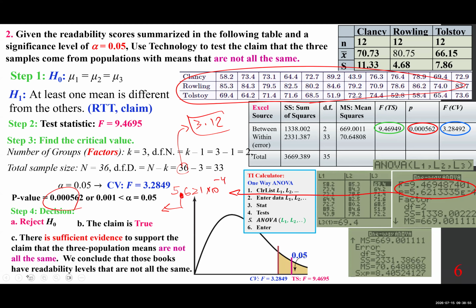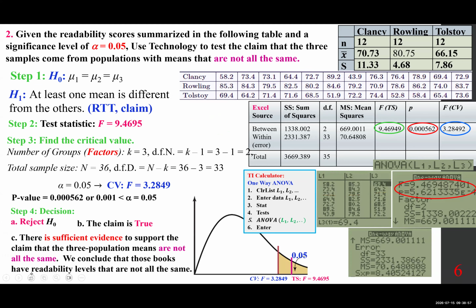Having said that, let me erase my work and continue with the thought. So we have the F, we have the p-value. What else do we have? So these are the two values. Look at this one. Degrees of freedom, 2 over here. SS is this number, of course, with a lot more decimals.